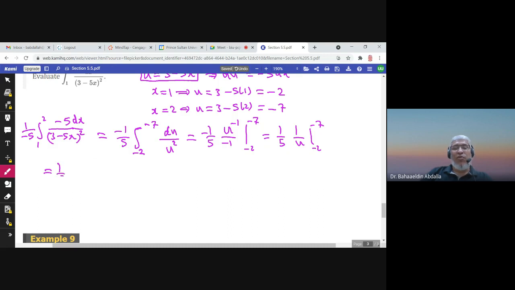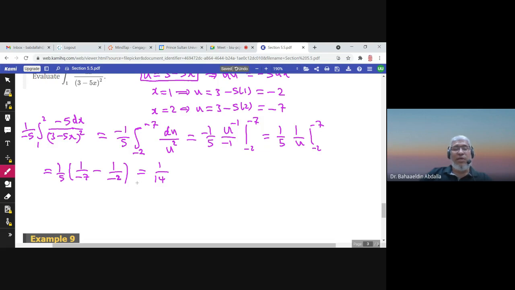So it would be 1 over 5. I replace u by negative 7, so it's 1 over negative 7 minus, I replace u with negative 2, and I can find the answer using the calculator. So negative 1 over 7 plus half, or 1 over 2, over 5. So the answer is 1 over 14.